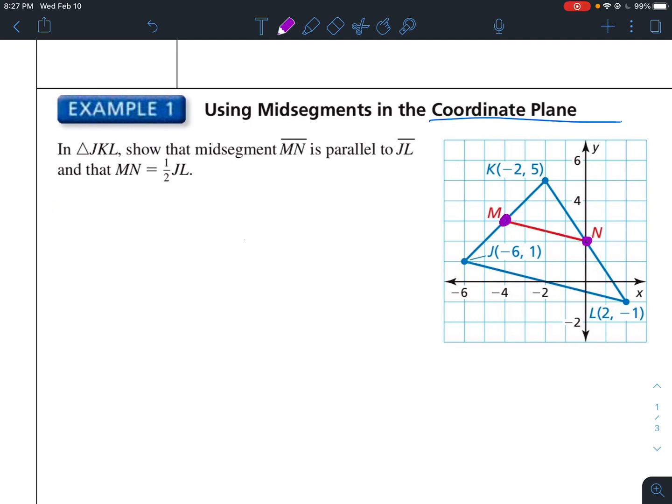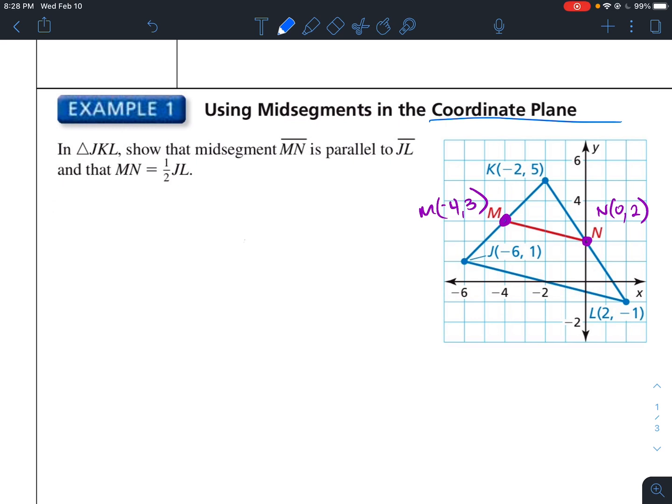So M is the point (-4, 3), and the point N is (0, 2). So now that we know their points, this will be helpful to us.